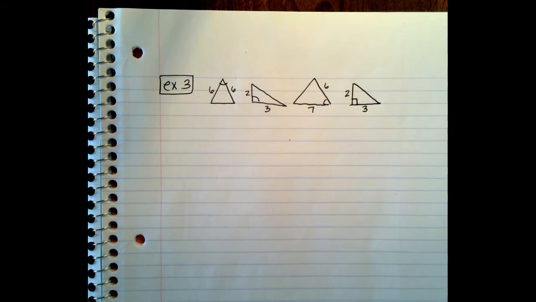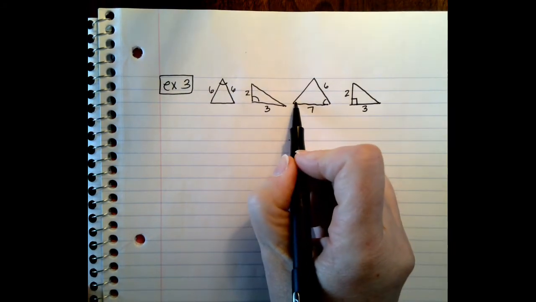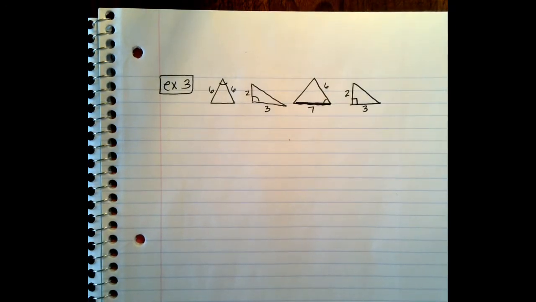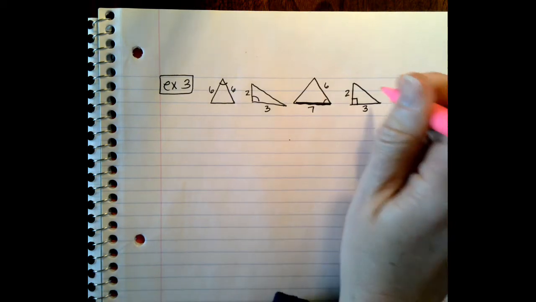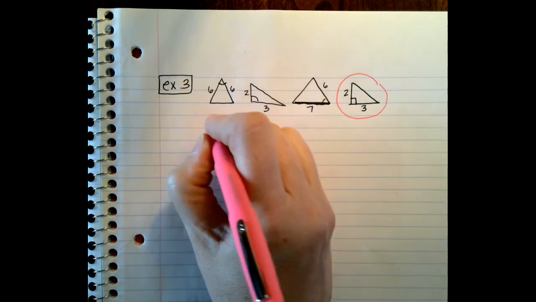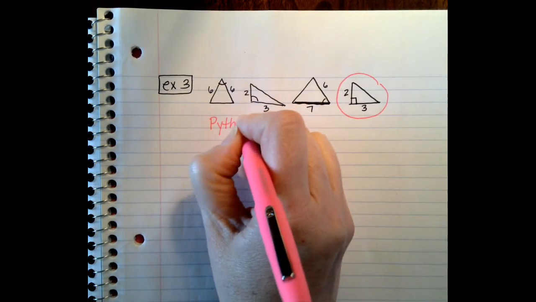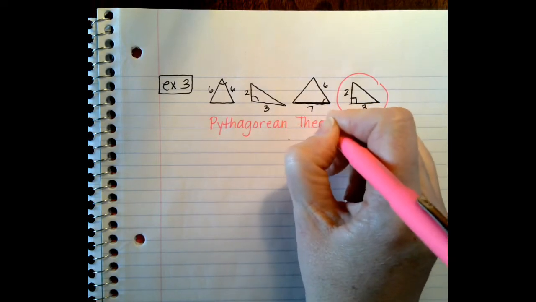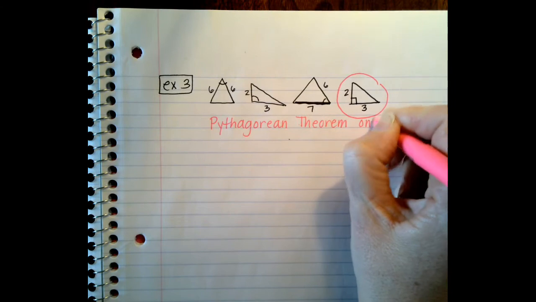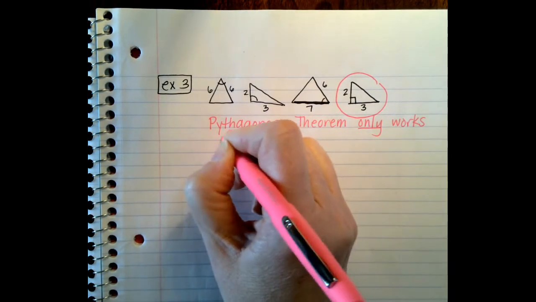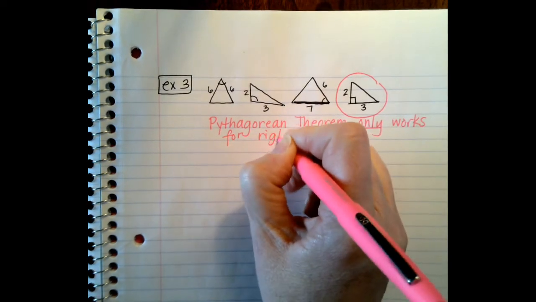So if you're looking at those 3 examples, which one could Ms. Hill use the Pythagorean theorem to solve? The only one that's possible is this guy, because the Pythagorean theorem only works for right triangles.